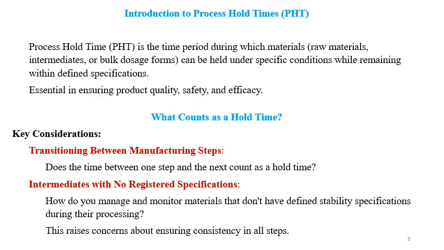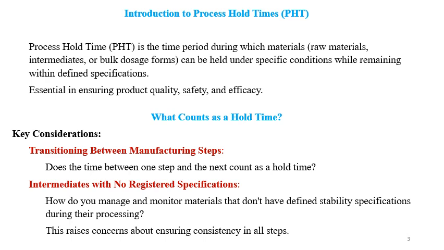For example, in tablet manufacturing, first is the manufacturing of the lubricated blend, then the compression, and then the coating process if the tablet is coated.